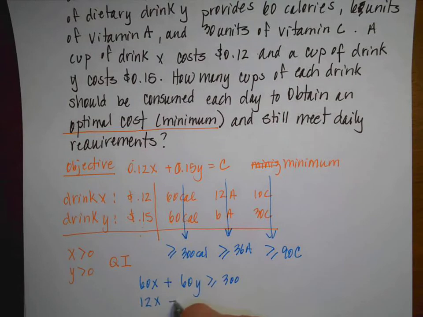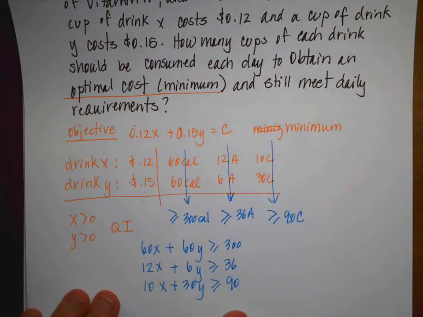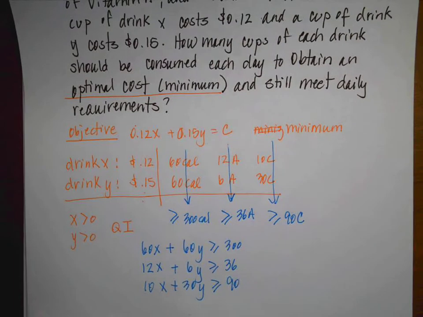And then I have 12x plus 6y greater than or equal to 36. And then I have to have 10x plus 30y greater than or equal to 90. So that's the system of inequalities that we are going to graph.